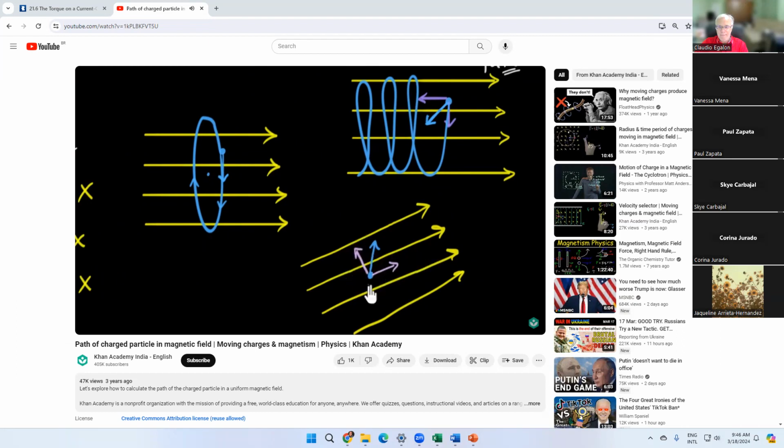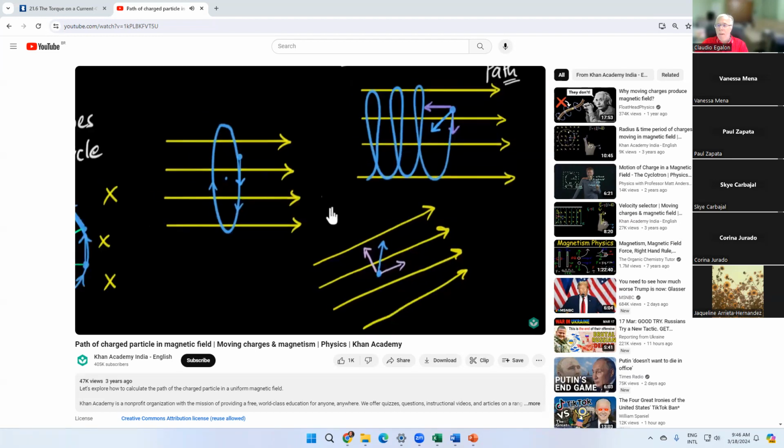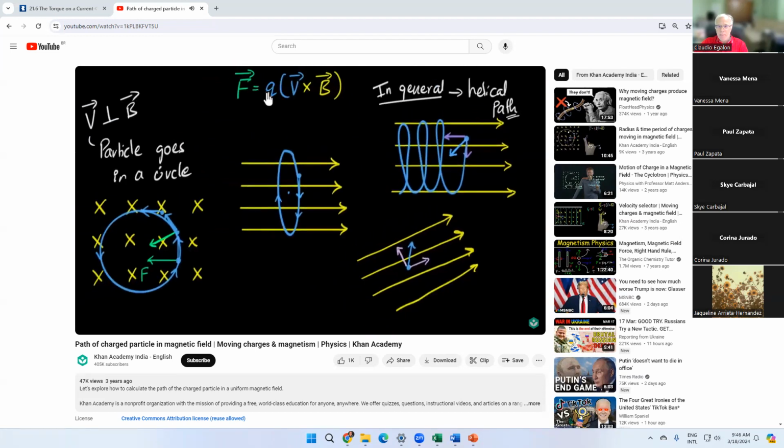Well, velocity is upwards, magnetic field is towards the right. And so if you use your right hand rule, I hope you can do that yourself now. I don't have the picture of that available. But if you use your right hand rule, the thumb would point inwards. But remember, this is an electron, so it has a negative charge, and you have to flip the force. That means the force will act out of the screen.